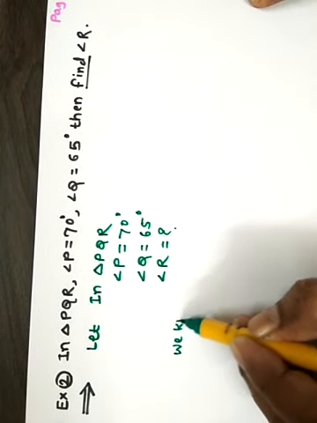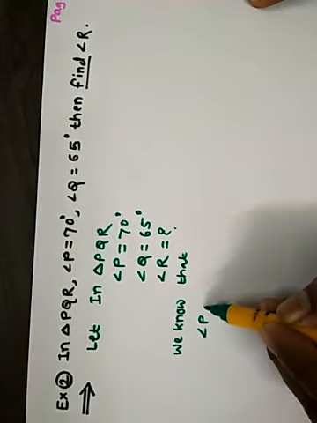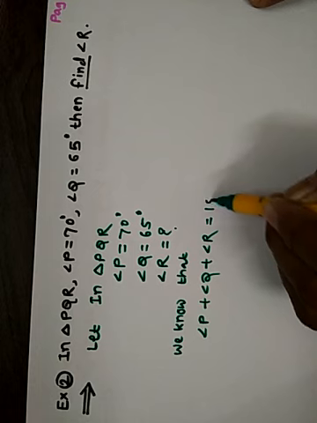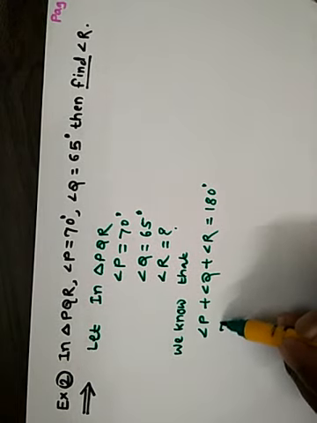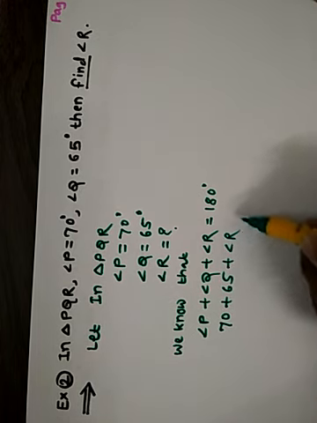We know that angle P plus Q plus R is equal to 180 degree. Putting the values of P and Q, 70 plus 65 plus angle R is equal to 180 degree.